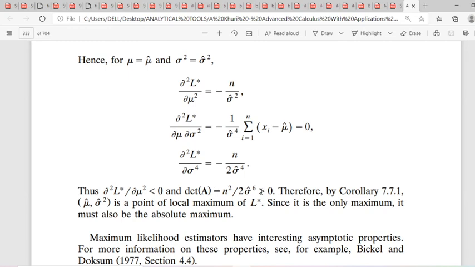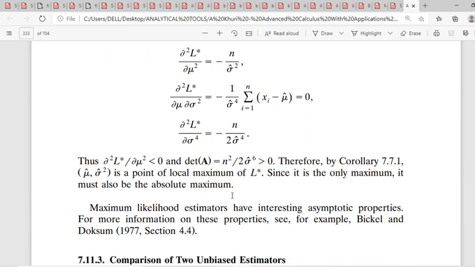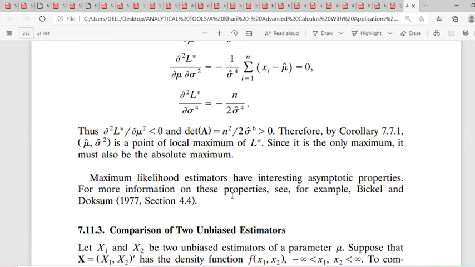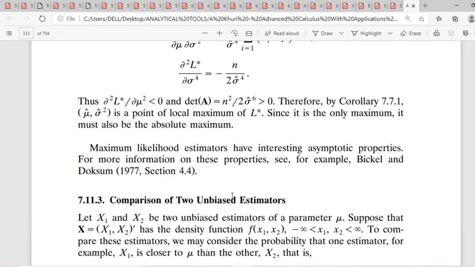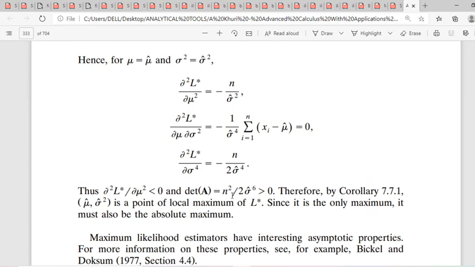Sorry, if del squared L by del mu squared is less than 0, we can say that this is a point of maximum, and the determinant of the Hessian at sigma cap squared is greater than 0. This is the criterion given by Corollary 7.7.1. So you can say whether it is a point of maximum or minimum based on the determinant of the Hessian matrix.